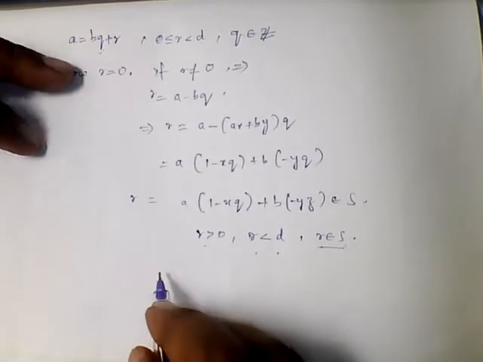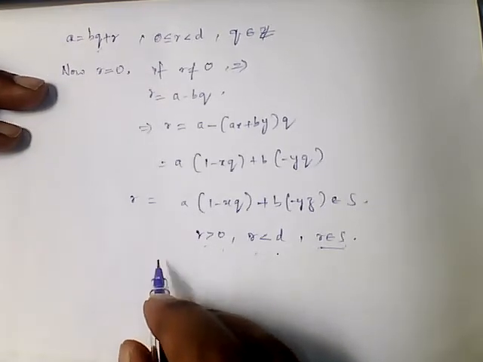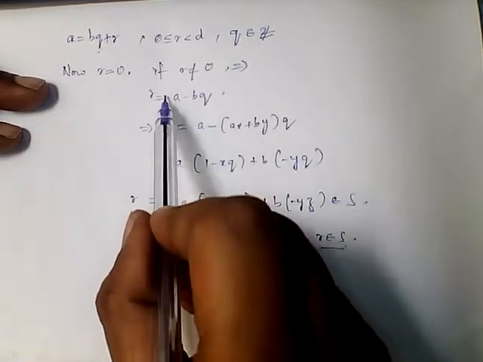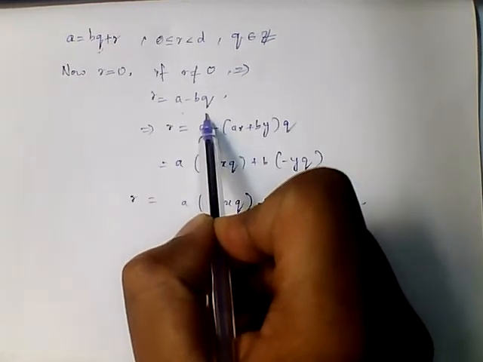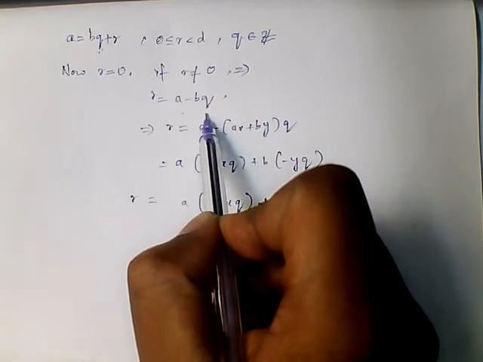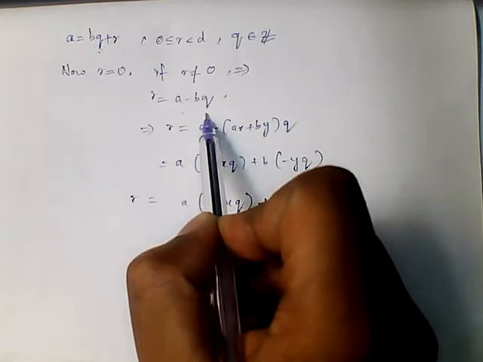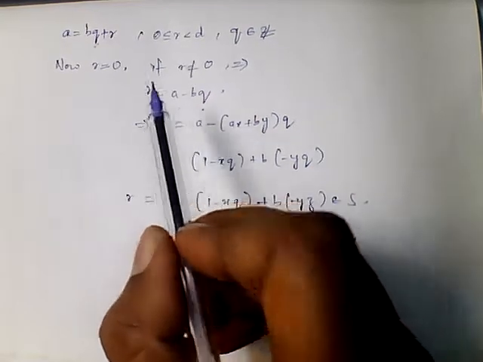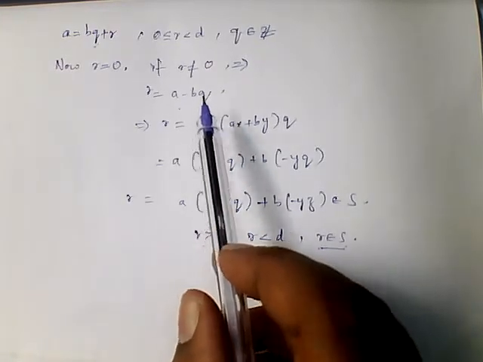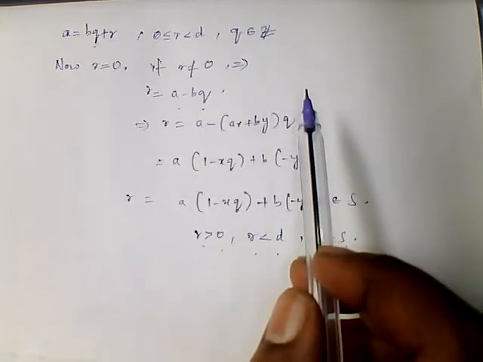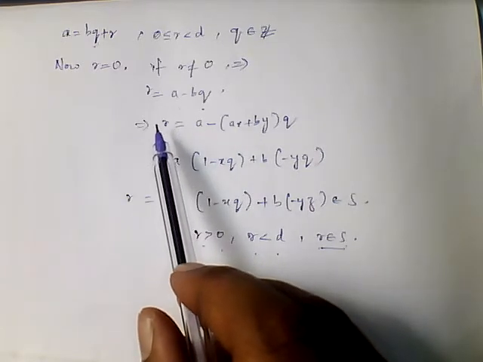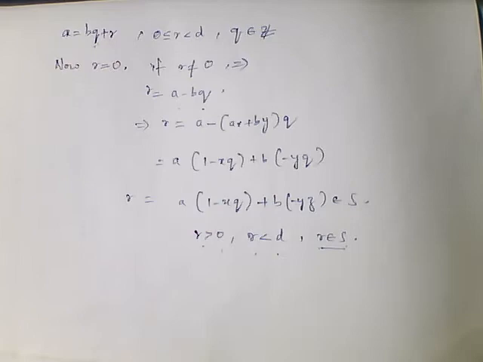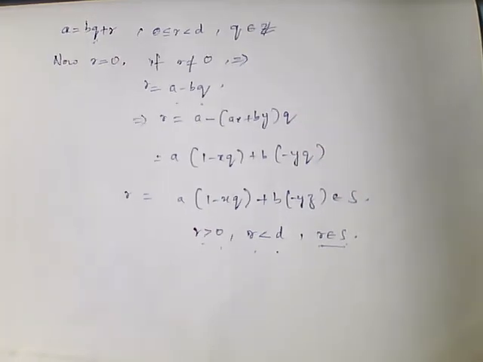Since r equal to a minus bq is given, this a minus bq should belong to set S, and we know that a minus bq... One minute. Alright, sorry for that.